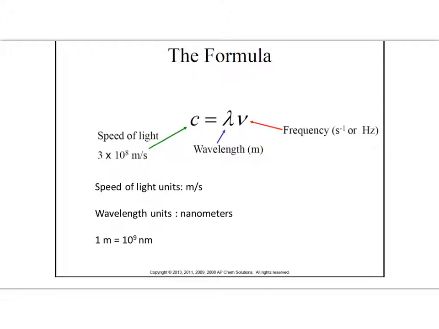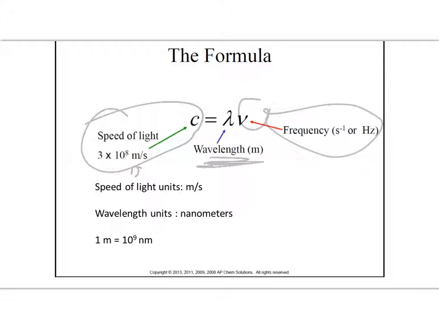Here's a formula that we're going to use. This formula is provided for you along with the constants on the handout that you will get with your test. Here we have c, which is the speed of light, 3 times 10 to the 8th meters per second, the wavelength, which needs to be in meters if we're going to use that speed of light, and the frequency v. By the way, frequency is measured in hertz.